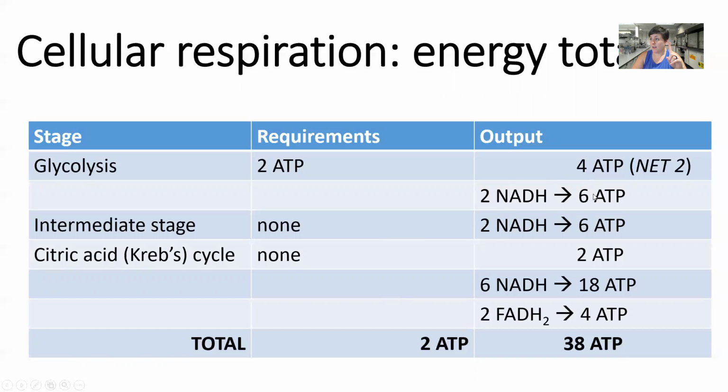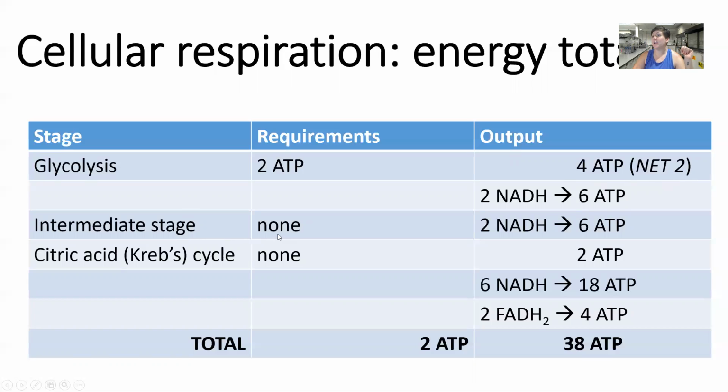Again, because 1 NADH equals 3 ATP, so 3 times 2 is 6. Okay, so 6 ATP generated via oxidative phosphorylation. So glycolysis will give us 2 ATP net via substrate level phosphorylation, and will give us 6 ATP via oxidative phosphorylation.